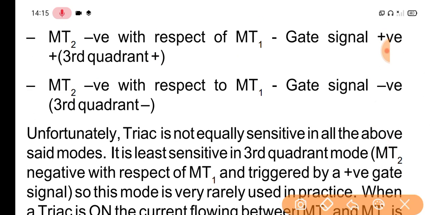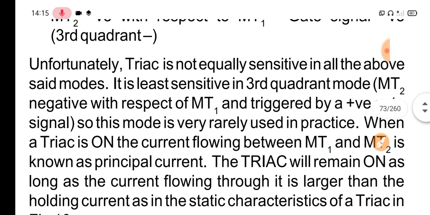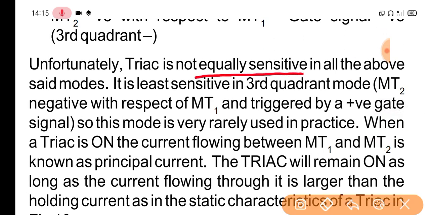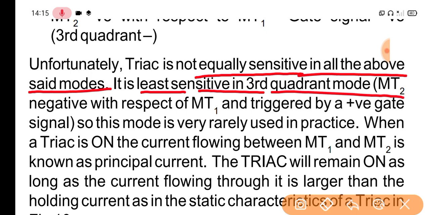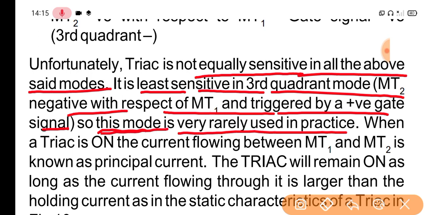MT2 negative with respect to MT1, gate signal negative, third quadrant minus. Unfortunately, the triac is not equally sensitive in all the above said modes. It is least sensitive in the third quadrant mode, MT2 negative with respect to MT1 and triggered by a positive gate signal. So this mode is very rarely used in practice.